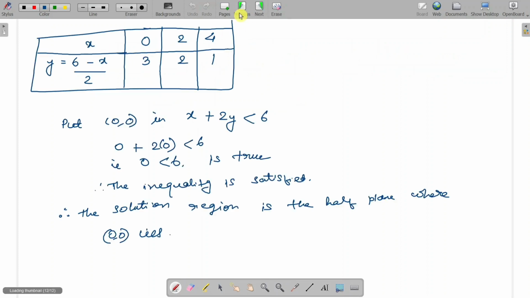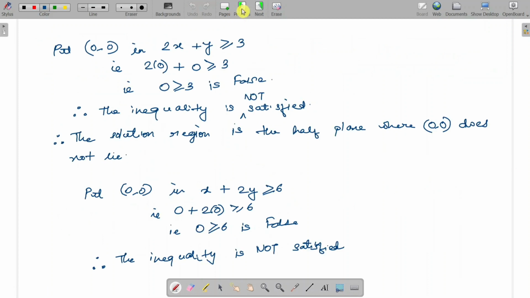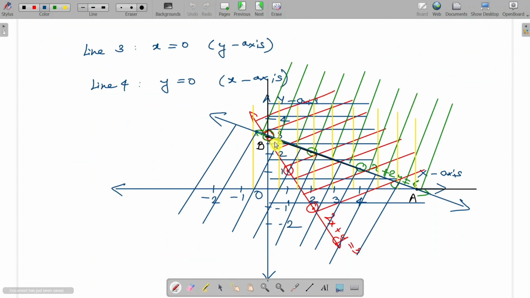Now the question is at which point you have the minimum, okay? If you look at this line, at both the corner points we have the same minimum value. So if at both the corner points you get the same minimum or maximum value, then all the points on the line segment joining the 2 points will be the solution, okay?